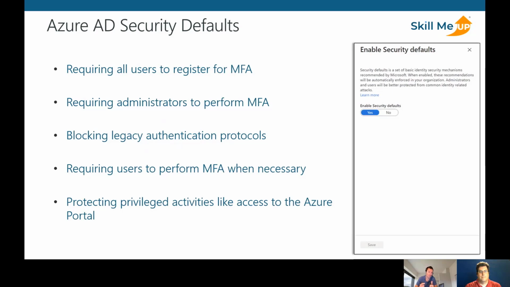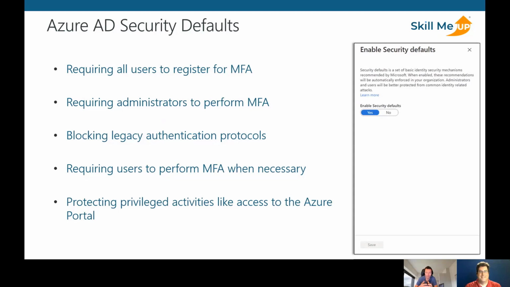For example, requiring all users to register for Azure multi-factor authentication, blocking legacy authentication protocols, and also protecting privileged activities like access to the portal. The only thing you should be aware of is that if you have any conditional access policy in place, you can't enable the security defaults. So that's a small gotcha.